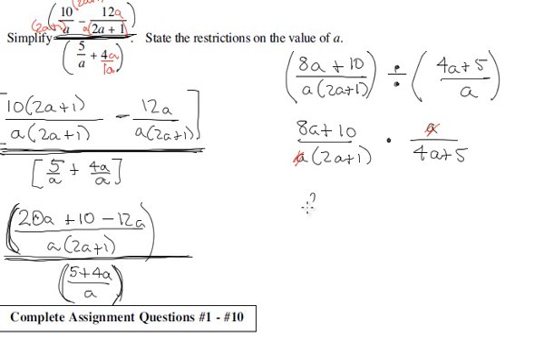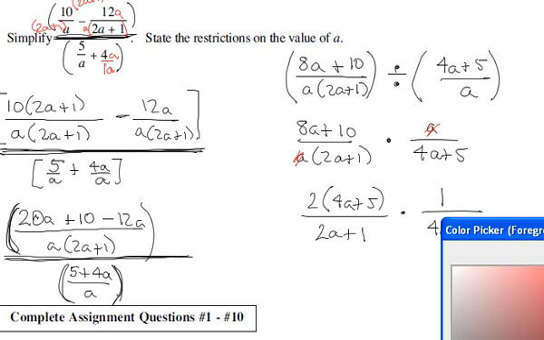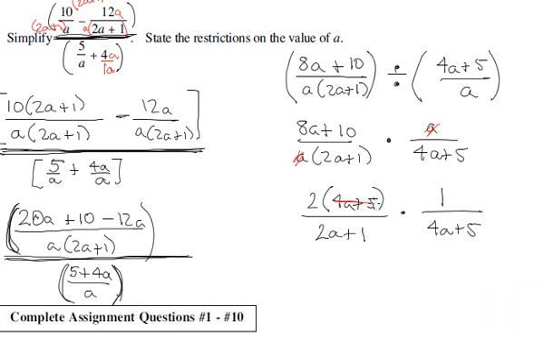We can take a 2 out of there, and that leaves us with 4a plus 5 over, we've got our 2a plus 1, we have 1 over 4a plus 5, and of course those 4a plus 5s will drop out. We can divide the top and bottom by that. So in the end, our expression is 2 over 2a plus 1. That's as simple as we can make it.